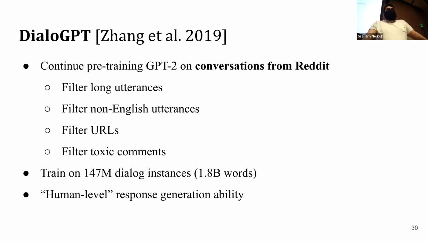I think the human annotators were given the option of picking one, the other, or saying that it was a tie. And in most cases, it was a tie. And then it was more likely that DialoGPT was preferred over humans. So DialoGPT won a greater percent of the time than humans did.